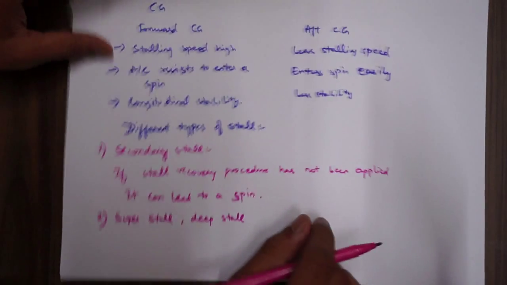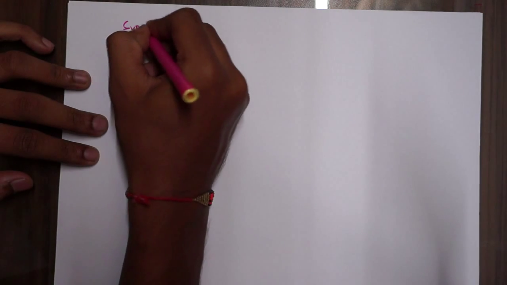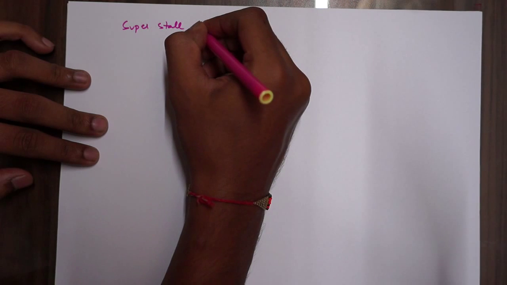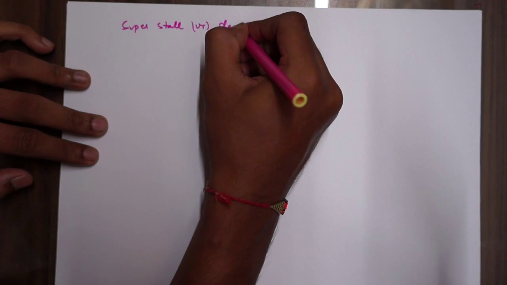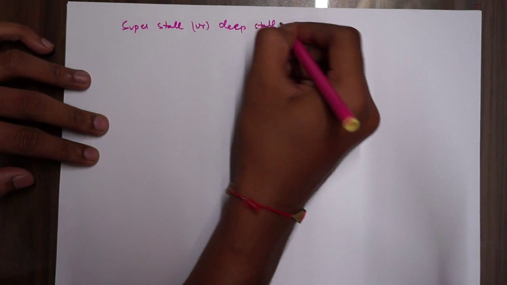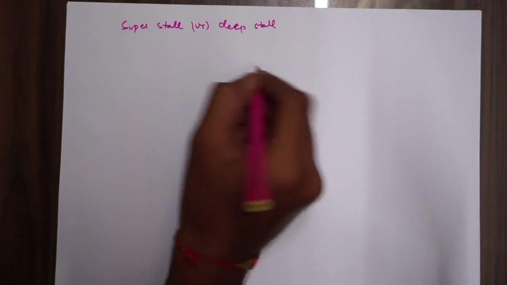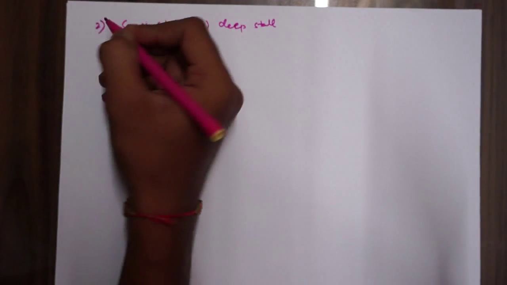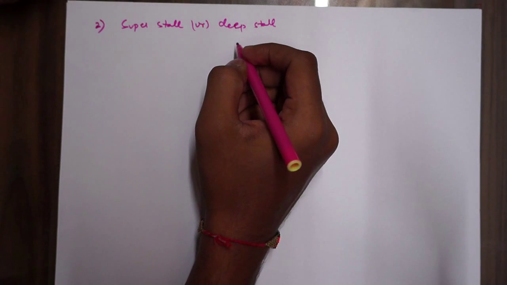Okay, I'll discuss it on the next page. So yeah, super stall or deep stall. Now what happens with the swept back wing? This stall is generally a swept back wing phenomena.